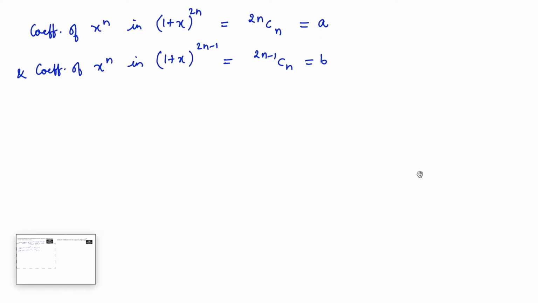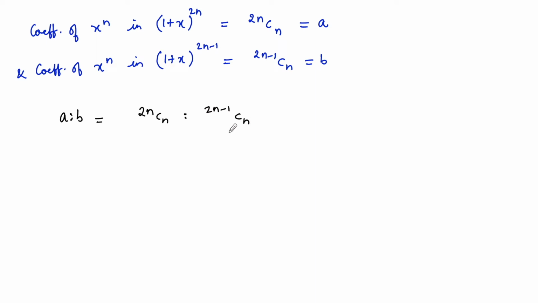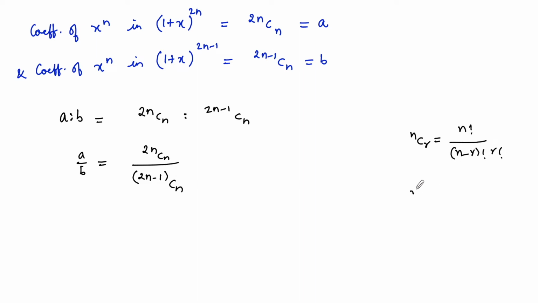So let us consider the ratio a to b. a/b = 2nCn / (2n-1)Cn. By using the formula nCr = n! / ((n-r)! r!), or we can also write n! = n (n-1)!, let us use this concept.